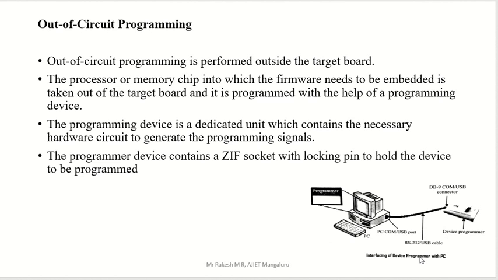Just take it from the device, add your program, and keep it back in that device. That is the method here. The programming device is a dedicated unit which contains the necessary hardware circuit to generate the programming signals. So it is one dedicated device, a dedicated unit. So this is your programming device.